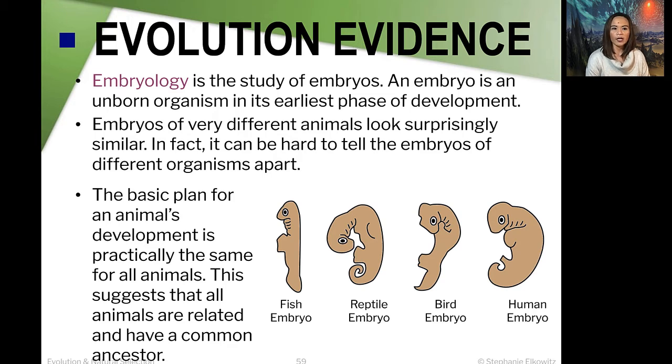The basic plan for animals' development is practically the same for all animals. And this suggests that all animals are actually related and they share a common ancestor. Just like this one here, you can see the fish embryo, the reptile, the bird, and the human embryo. If you notice, as they are developing, they have similarities.